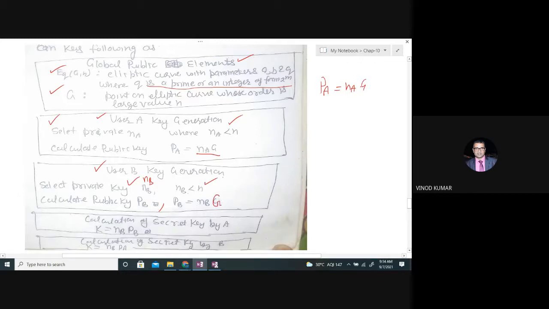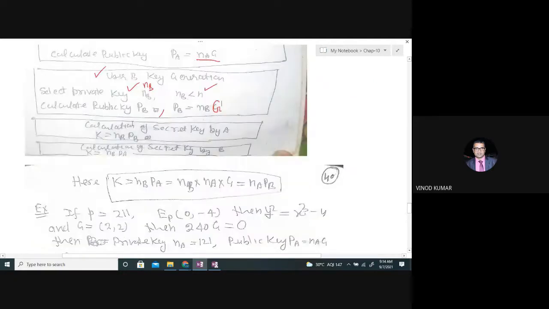Then calculating the shared key. This is the calculation of the secret key by A: K equals nA into PB.